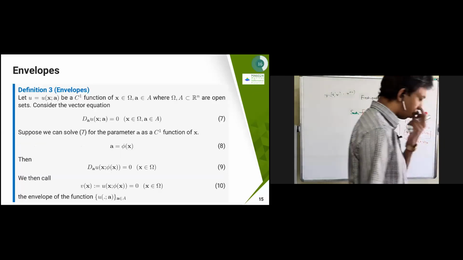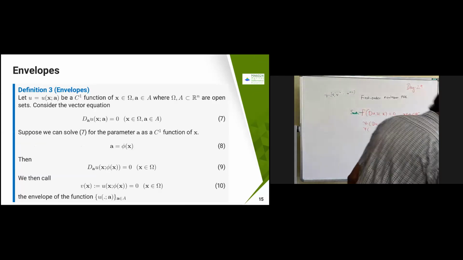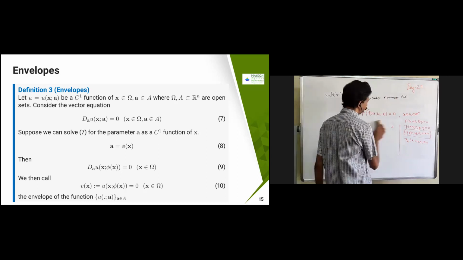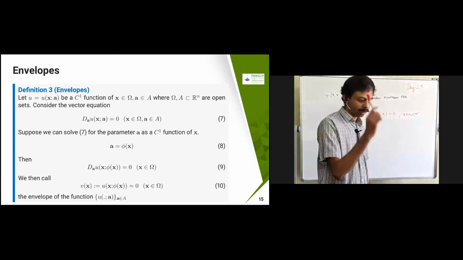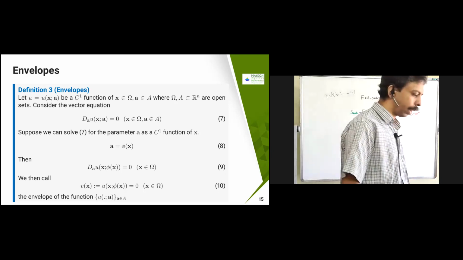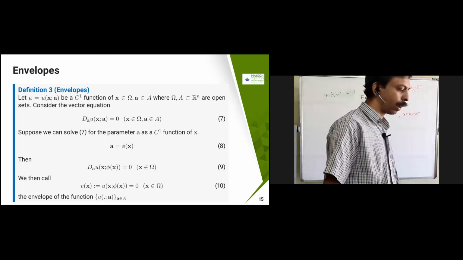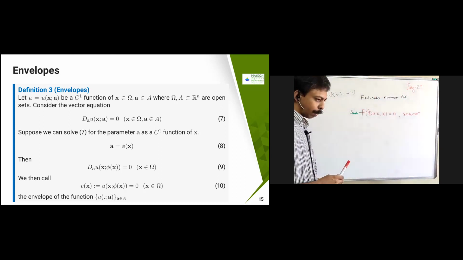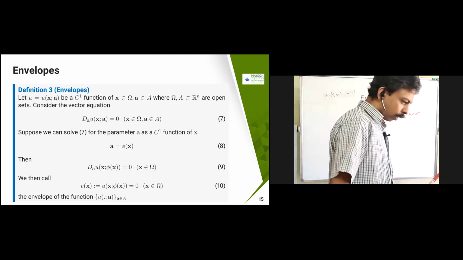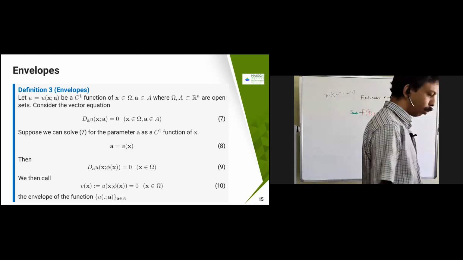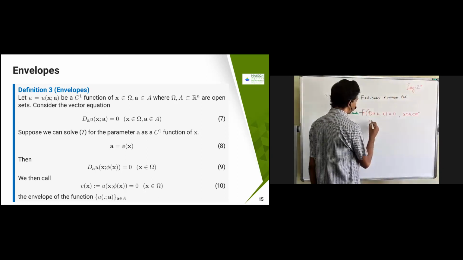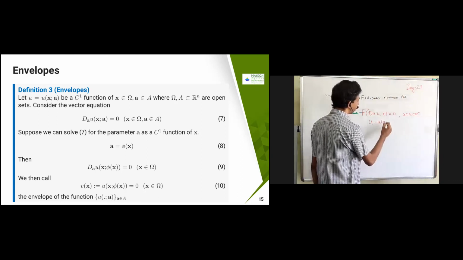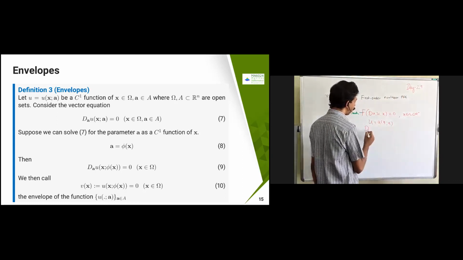So let's see how we define that. Suppose the envelope u is nothing but u of x, a. That is the solution which we obtained from the complete integral. u is equal to u of x, a, a C1 function of x belonging to omega and a belonging to A, where omega and A are subsets of open sets. Now we are considering this equation: you have u equal to u of x, a, then you have d_a of u of x, a equal to 0.